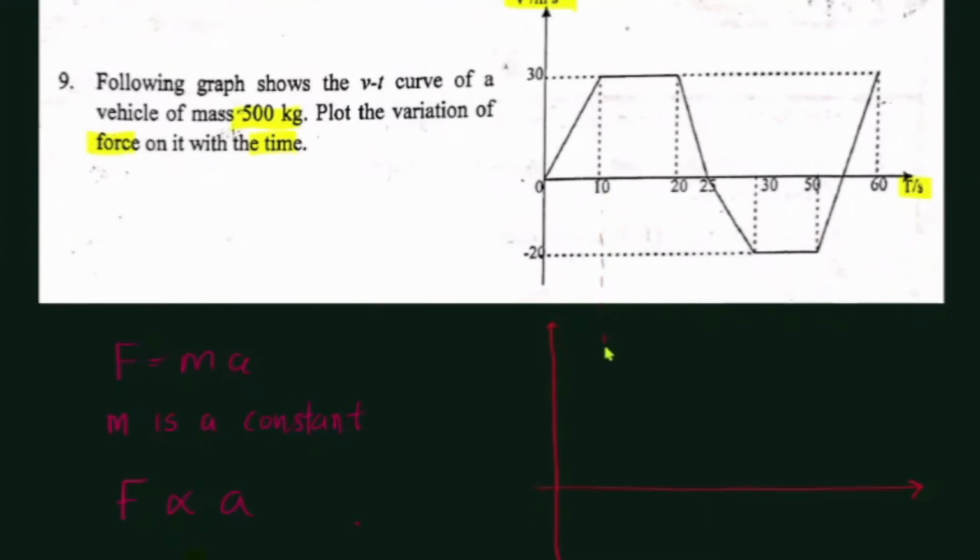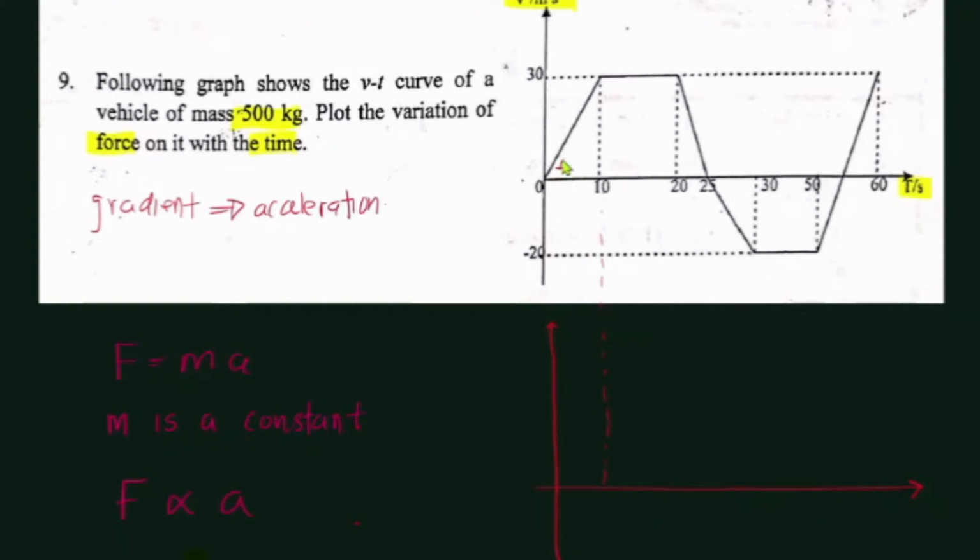For the first 10 seconds, the object has a uniform increase of velocity. In a VT graph, the gradient gives the acceleration, so we need to check the gradient.